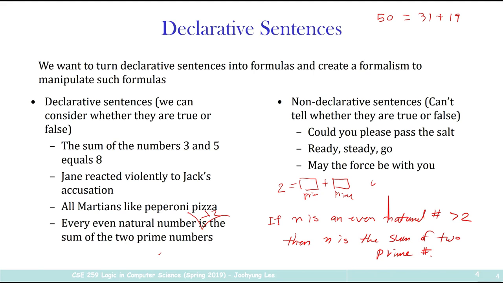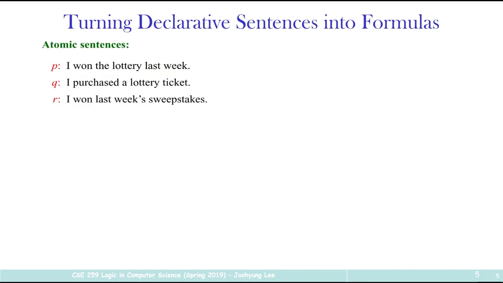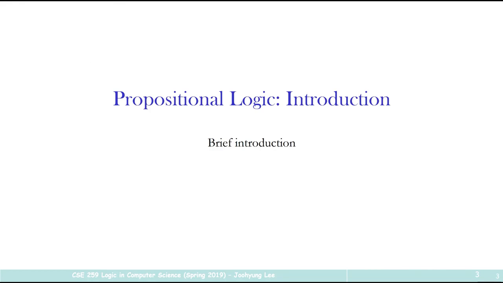What is the even number that is greater than 2 but is smallest? This is actually not very tricky, right? 4. Okay? So 4 can be represented as the sum of 2 prime numbers.